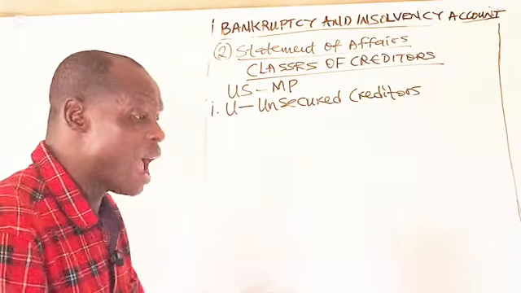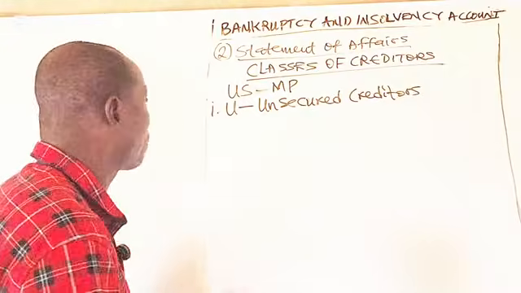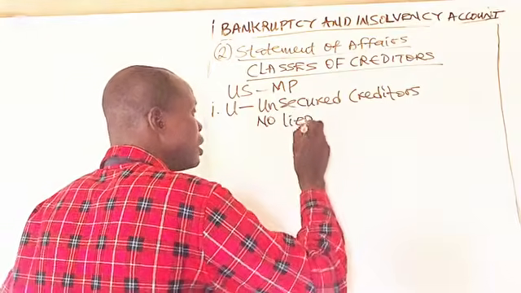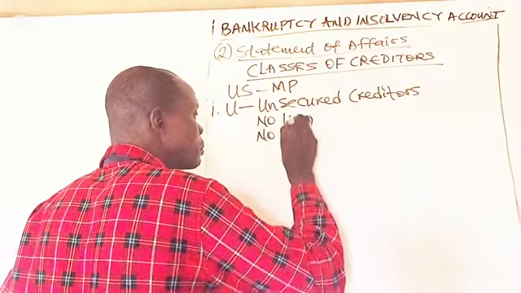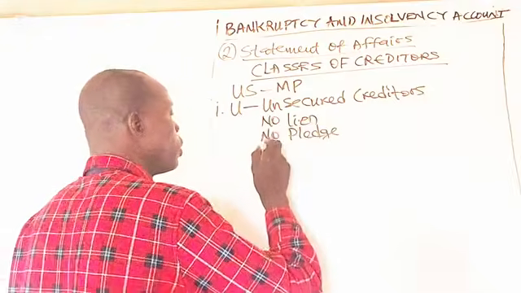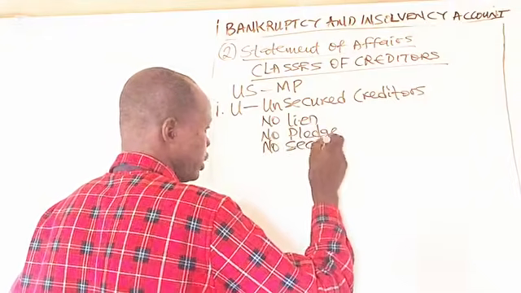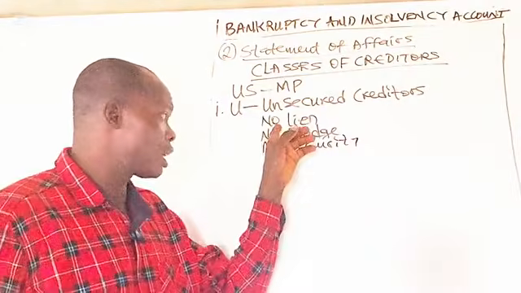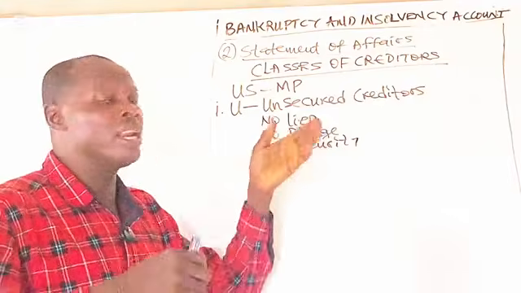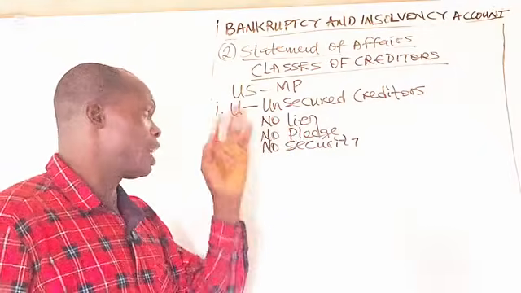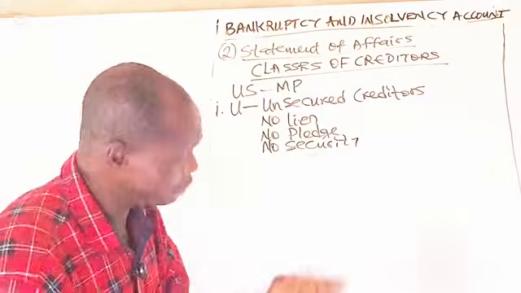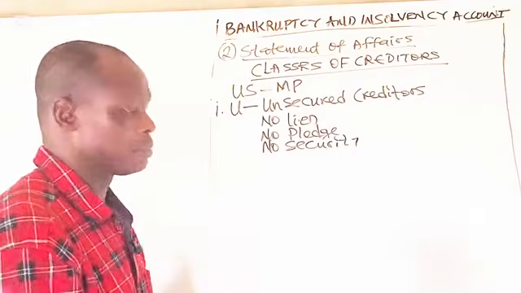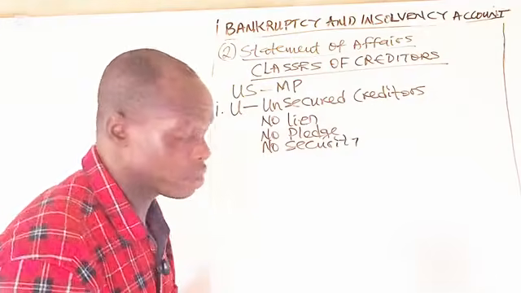No lien, no pledge, and no security. They don't have any lien on any asset of the company. They are not pledged. There is no security for them. So that is unsecured creditors.